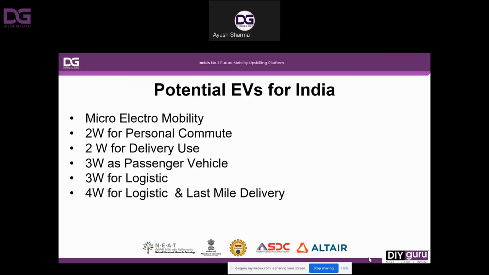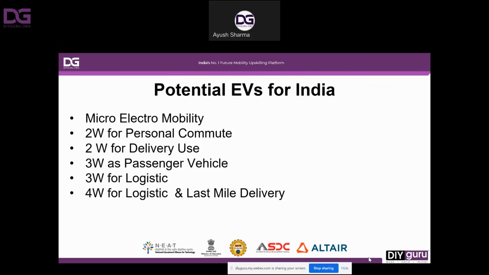Three-wheeler we use for passenger vehicle, like you have seen the passenger auto. If we are having the auto rickshaw, that means we are using it as a passenger vehicle. But if we are talking about three-wheeler for logistic, that means this is a cargo vehicle which we are using for logistic purposes.